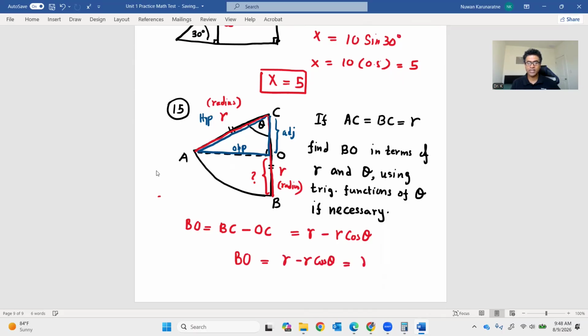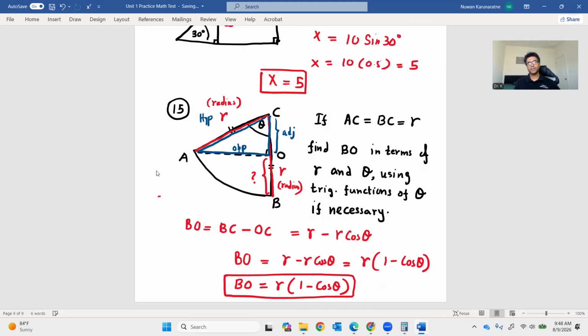You can factor out an R if you like, so then I'll have 1 minus cosine theta. So finally, BO is equal to R times (1 minus cosine theta). Okay, so that's how you complete the final problem.